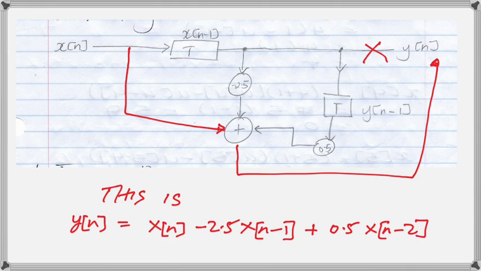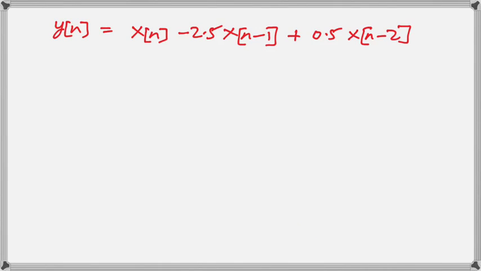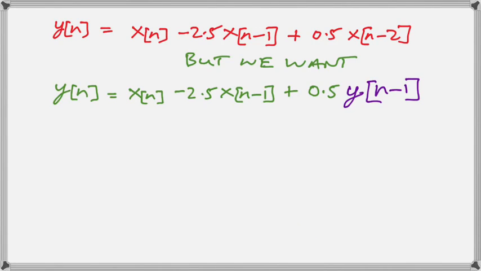Check and make sure that you agree with me that our y[n] now becomes x[n] minus 2.5 x[n-1] plus 0.5 x[n-2]. But what we actually want is that. We want y[n] is equal to x[n] minus 2 x[n-1] plus 0.5 y[n-1].